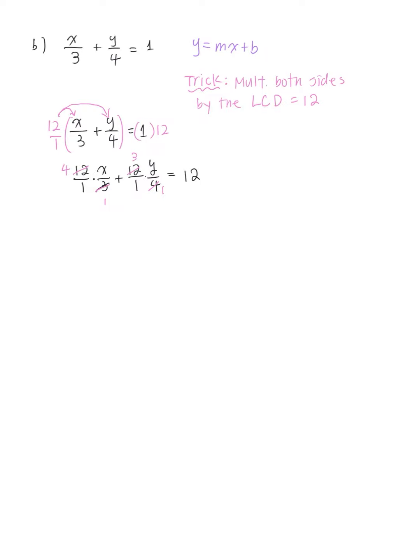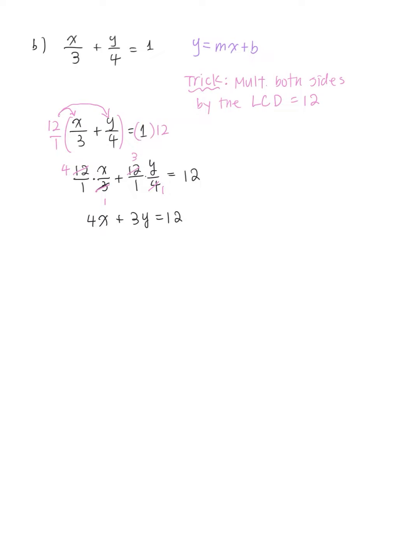Let's clean it up a little bit. Now what do we have left? We have 4 over 1 times x, which is the same thing as 4x, and then 3 over 1 times y, which is the same thing as plus 3y equals 12. Now look at it. Boom. No more fractions. Now you can smile.